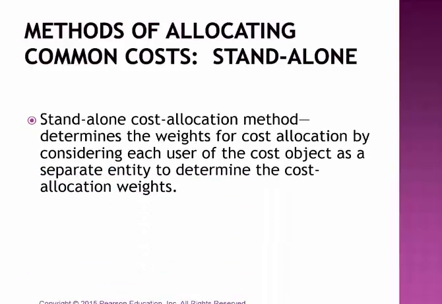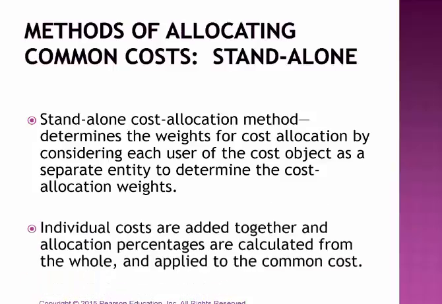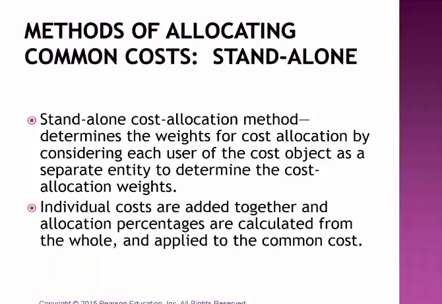Basically this one we're going to be using those weights like we have seen. So we're going to determine the weights for the cost allocation by considering each user of the cost object as a separate entity to determine the cost allocation weights. So we had one ticket that was $1,200, another ticket that would have been $800, but he actually only paid $1,500.